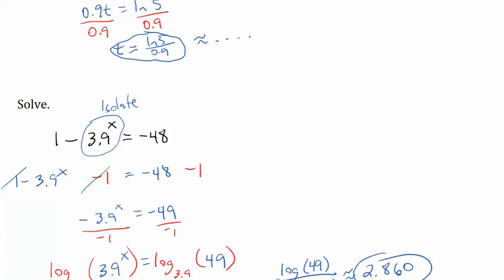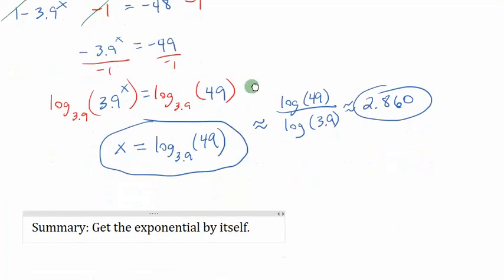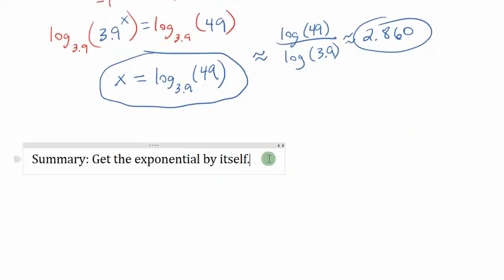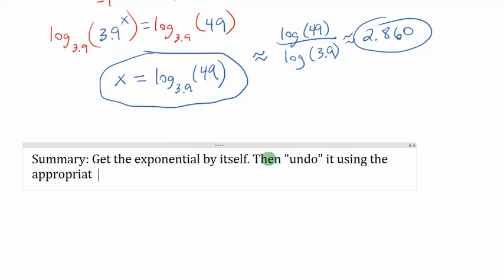Get the exponential by itself. Then undo it using the appropriate logarithm. And that's it, okay? Then you can finish getting x by itself very easily.